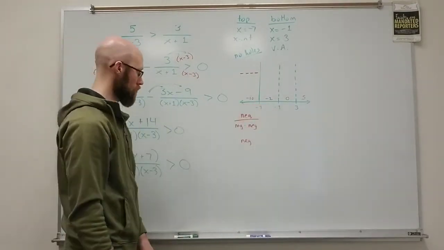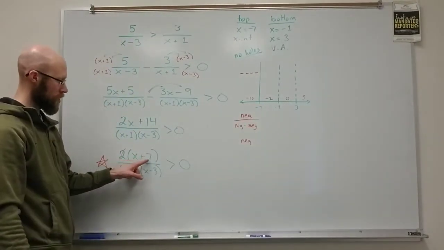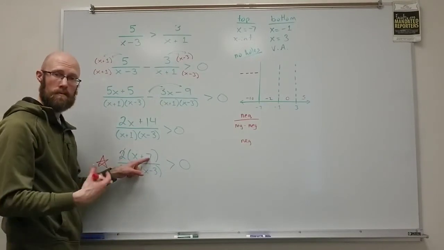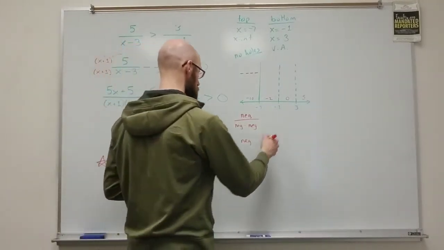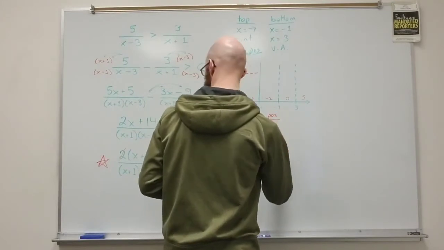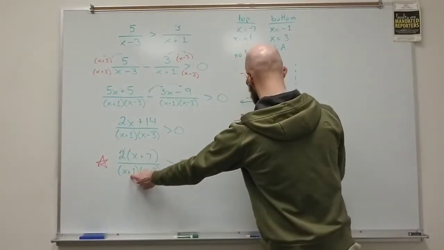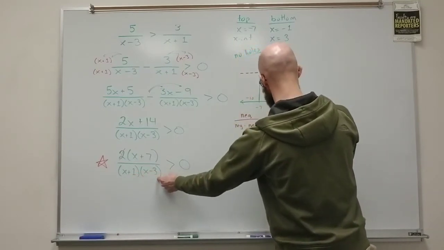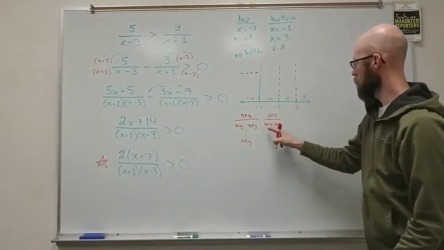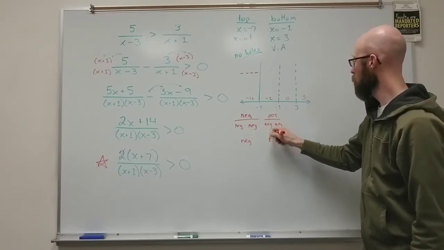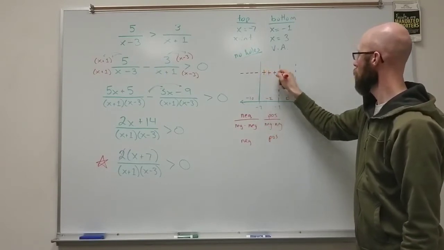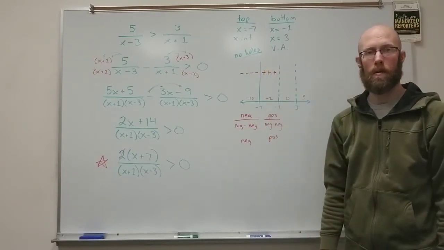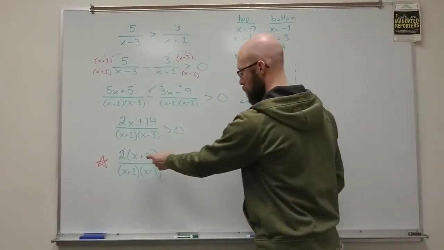Now I try the -2. Put in -2, -2 plus 7. Well, the positive is dominant there, so that's going to be a positive on top. -2 plus 1 is negative, and -2 minus 3 is also negative. 2 negatives make a positive, so every output in that second interval will be positive. And then 0, plug in 0.